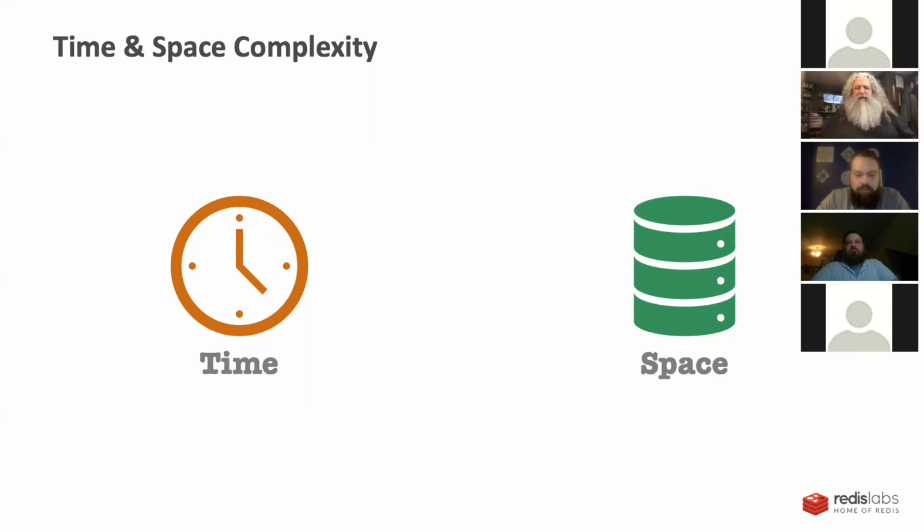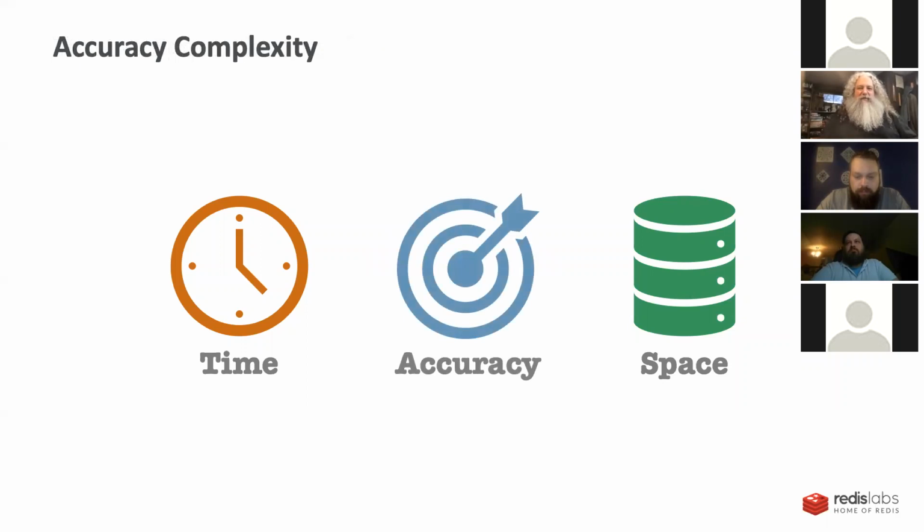But there's actually a third thing that we can look at to change how we interact with these data structures. We can create accuracy complexity. So in addition to making things faster or slower or to consume more or less memory, we can also say, how much error is acceptable?